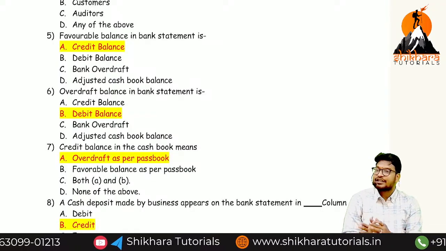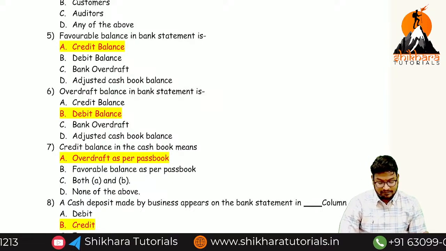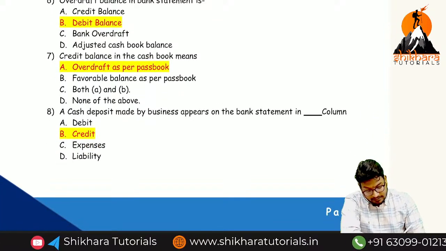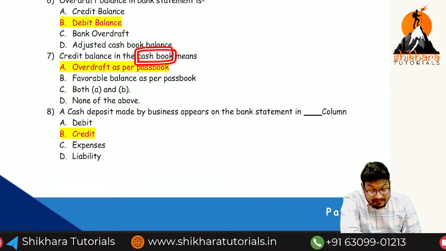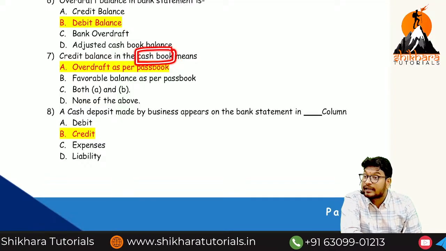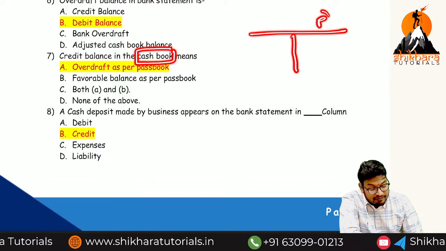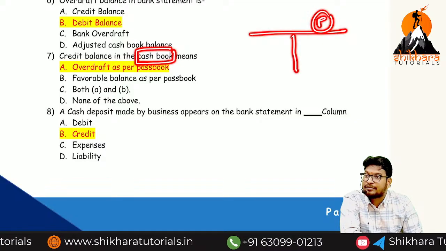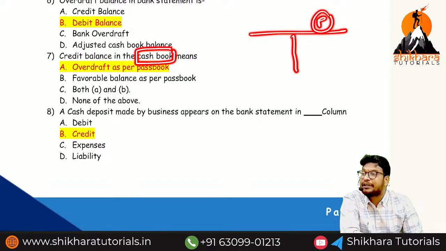When coming to the cash book, favorable means debit balance, unfavorable means credit balance. Next, credit balance in the cash book means what, ma? In the cash book credit side, payments will be there. It is not favorable. Payments more than receipts is called unfavorable. We are having a negative balance.